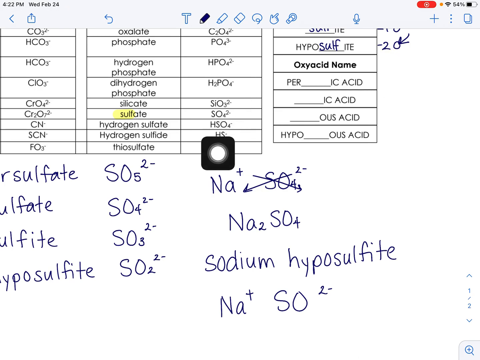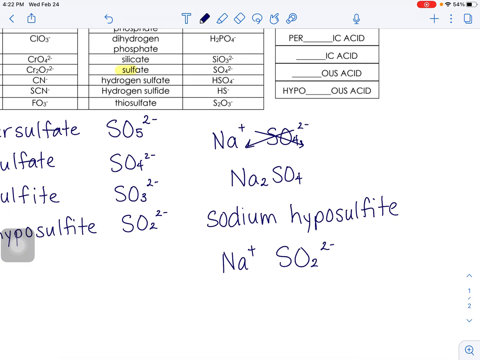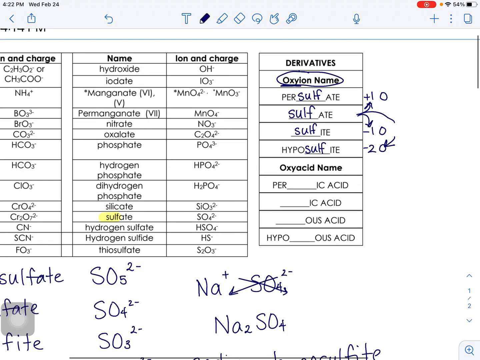So instead of 4 oxygens, 2 less than that, I'm going to have 2 oxygens. And so we have the same for the crisscross. Because the valence is the same for all 4 of these, the per, the ate, the ite, and the hypo-ite, the ratio with the same element, in this case with sodium, is going to be the same. So this is also going to be Na2 and then SO2, because that's what hyposulfite is. So we need 1 unit of SO2. So that is how the per, ate, ite, and hypo-ite oxyions work.